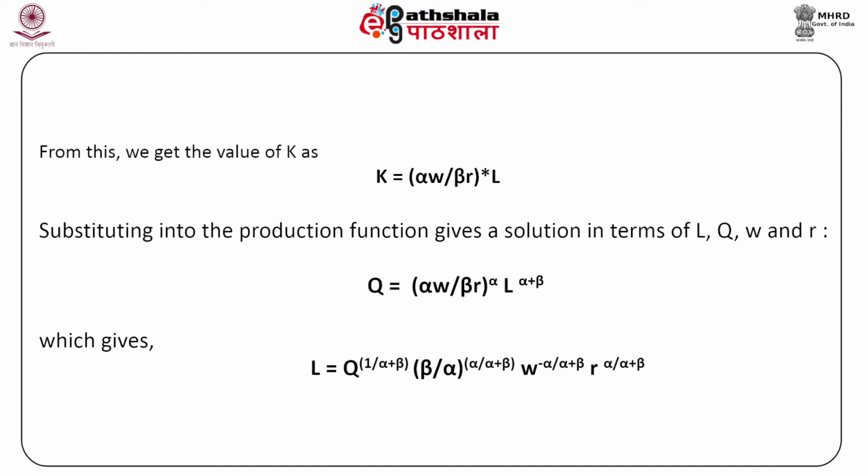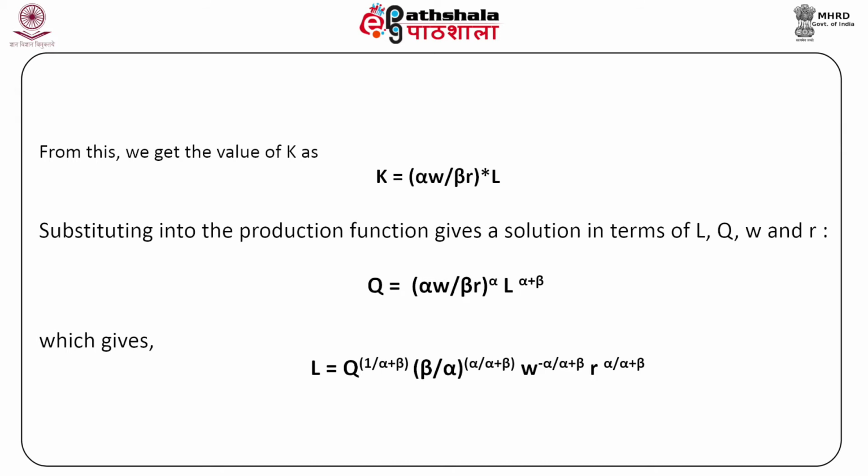Substituting into the production function gives a solution in terms of L, Q, w and r. Q is equal to alpha into w upon beta into r, whole raised to the power alpha, into L raised to the power alpha plus beta.